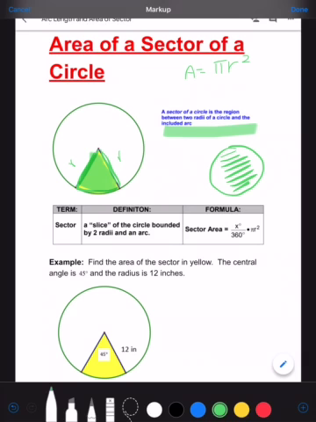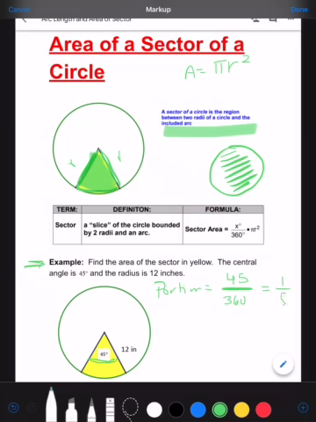So to find the portion of this sector, of how much this sector is of the circle, we're going to use the angle, just like we did with arc length, but now we're not talking about length, we're talking about area. Okay, so if we go here to the example, we see that the portion of this yellow sector is going to be 45 degrees of the whole thing, which is 360 degrees.